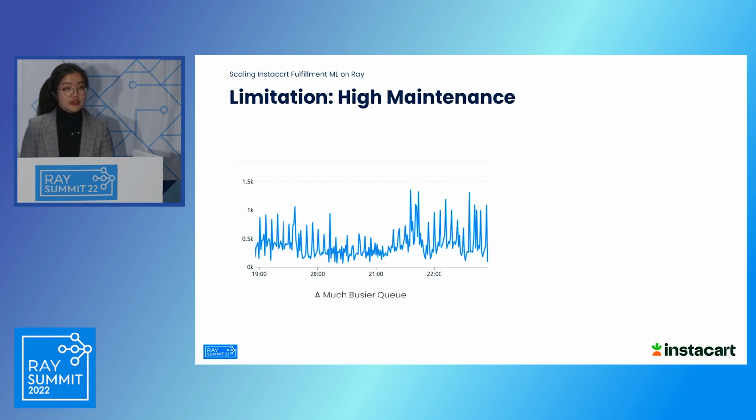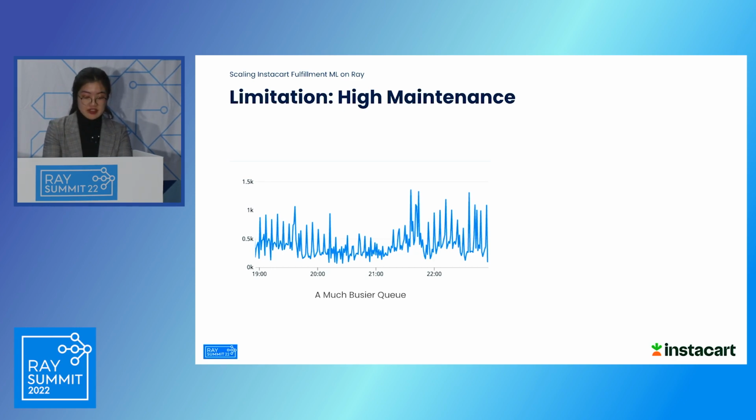However, it's also pretty common that we see another side of the extreme, where there are many models produced by the same business unit queuing up in the same task queue, such as what this graph is showing you. The number of tasks in queue ranges from 300 to over 1,000 all day round.